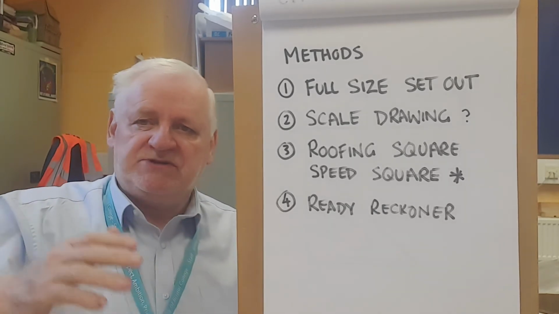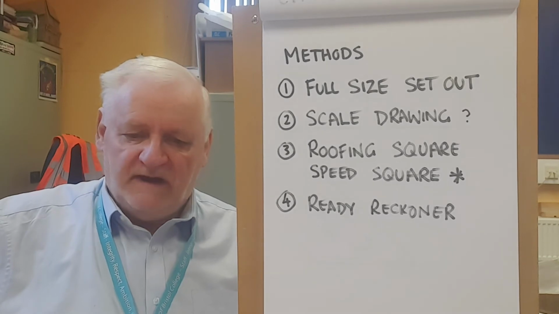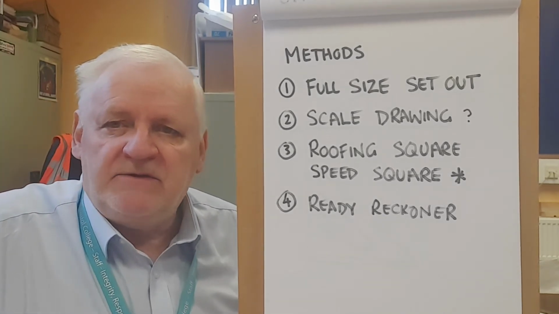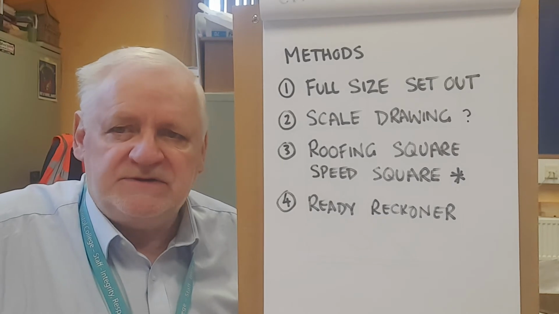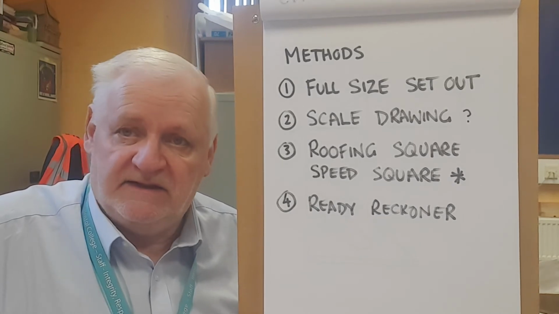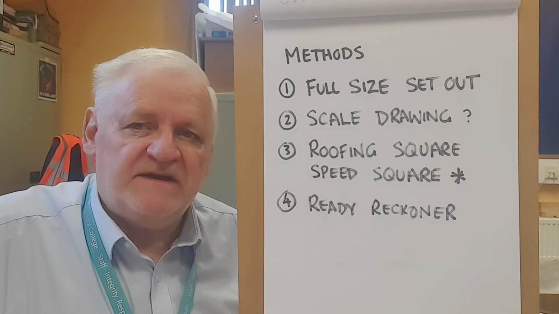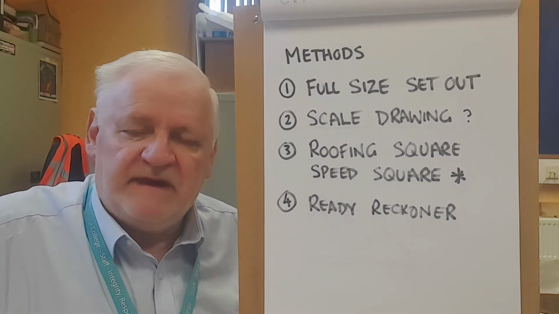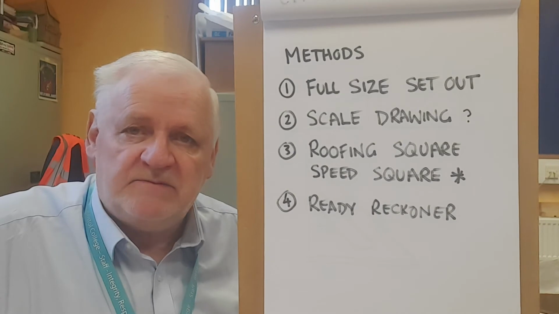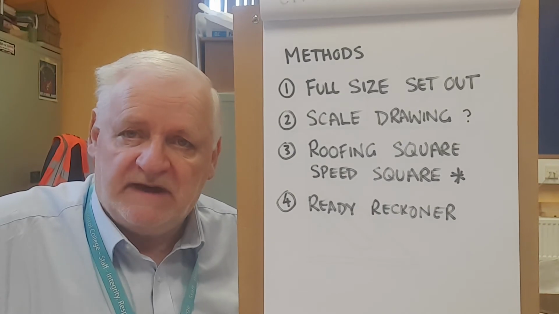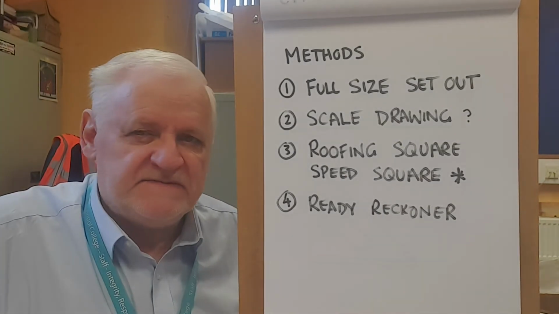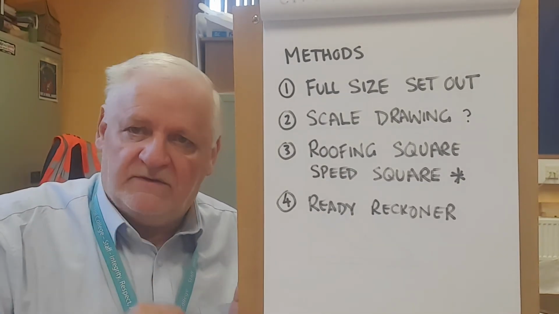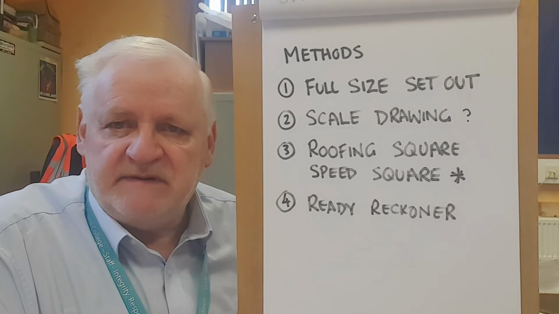If you imagine you're going to do a massive roof and you're going to try and condense it onto a small piece of paper, no matter how accurate you are, it still will be very slightly inaccurate. You might be able to get your degrees correct, you might be able to get your proportions correct, but it is obviously scaled down. And when you scale something down, it's very difficult to measure dead measurements.